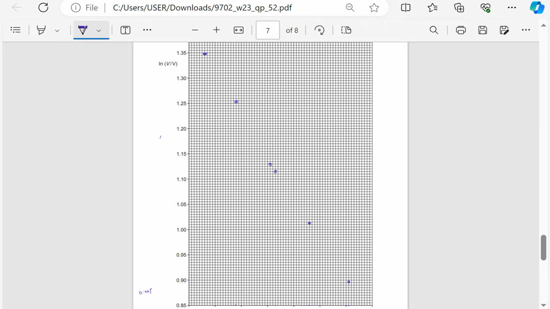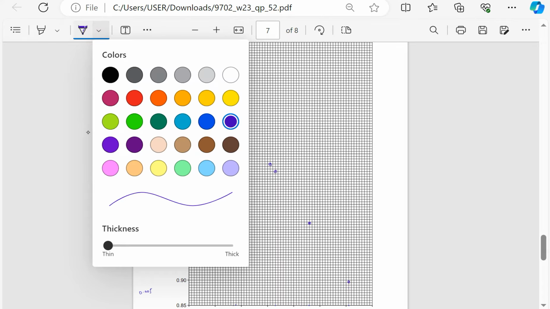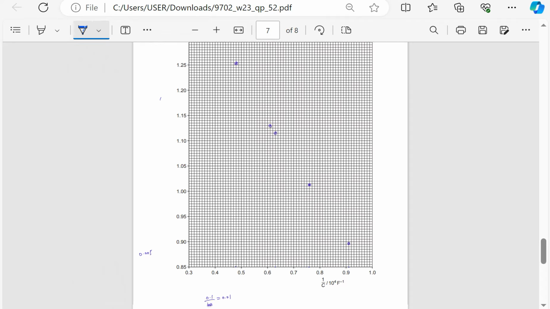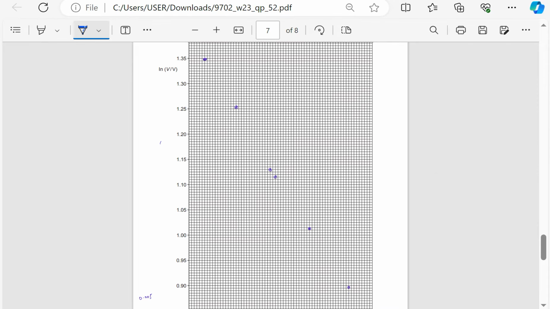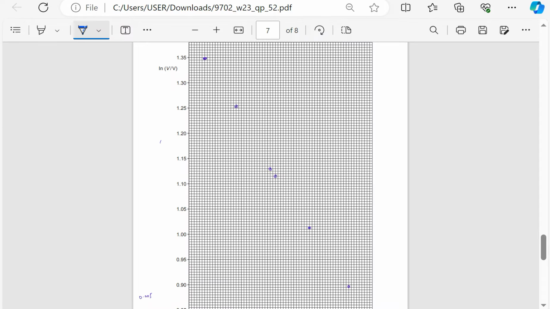Remember the principles, you should balance the points. Please remember to plot with a pencil so that when you make a mistake, you can always rub off. Do not plot with a pen because if you make a mistake, it becomes bad and terrible. So me, I'm plotting with a pen, but you should be plotting with a pencil.